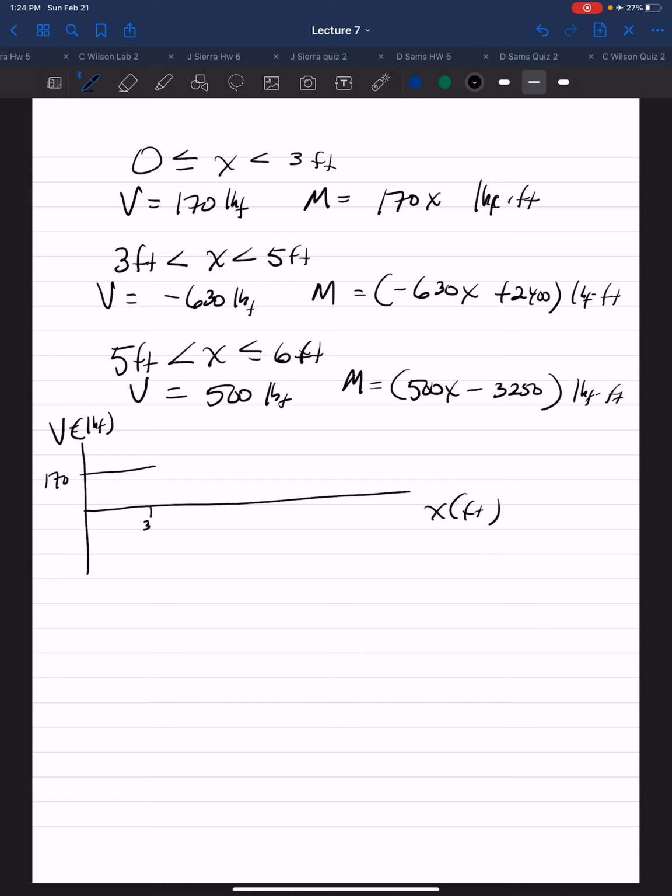X equals 3. Then it goes down to minus 630. It's from 3 to 5. And then up to, this is 500.